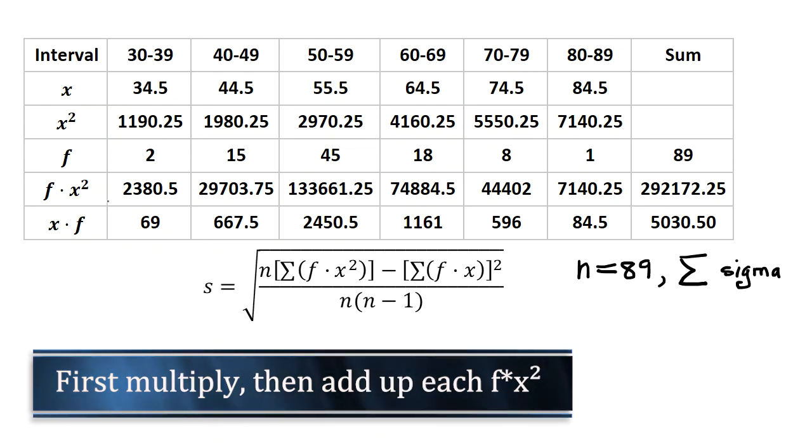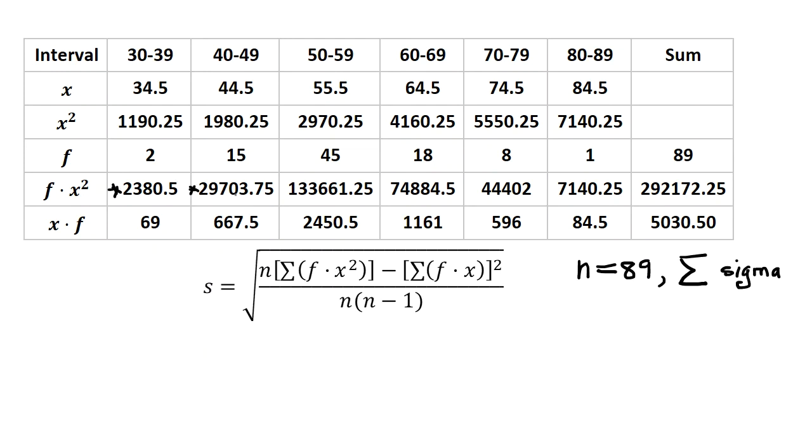So I've got to add up all these values, and this is the result. The sum of F times X squared, and notice I'm doing the multiplication first and then adding them up, is 292,172.25.